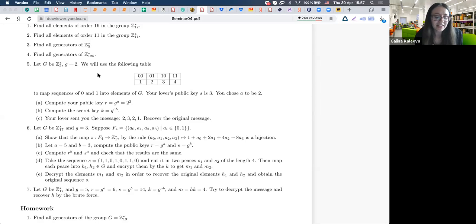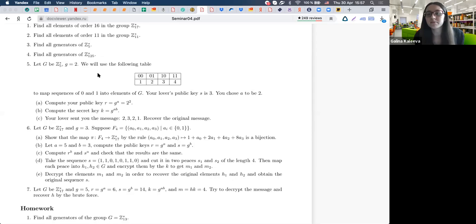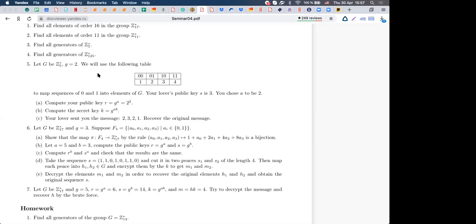We've already checked G, and it's our common number, and we, the first person, chose A to be 2. So our public key is 2 to the 2nd power, which is 4, in our multiplicative group. And the other person chose some B, which is private, and tells us that G to the bth power equals 3. So we've already computed the first point: our public key in our group.